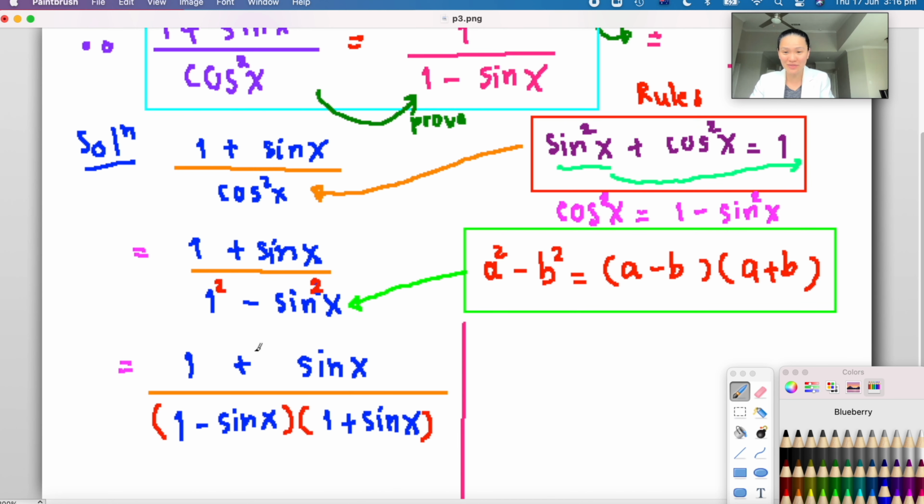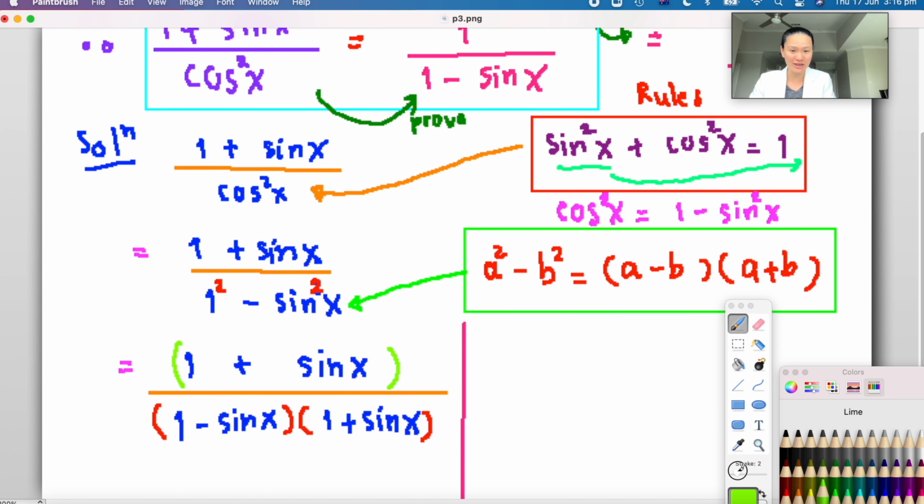Can you see something here? (1 plus sin x) divided by (1 minus sin x) times (1 plus sin x). You can cancel something from here. You can cut them: (1 plus sin x) divided by (1 plus sin x) is 1.